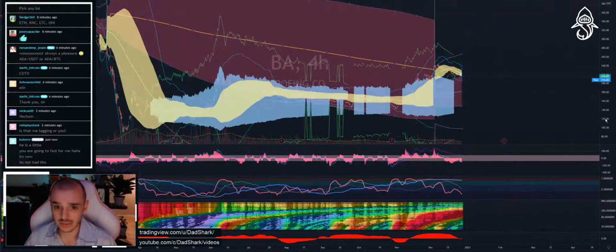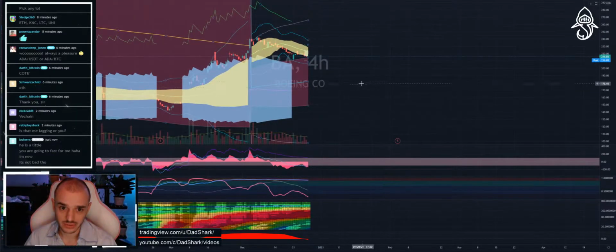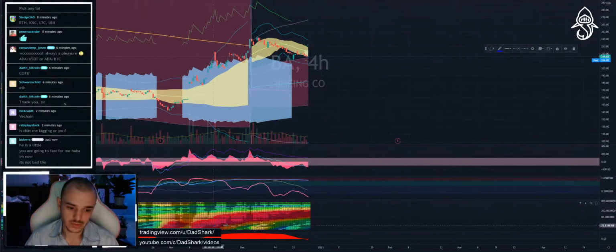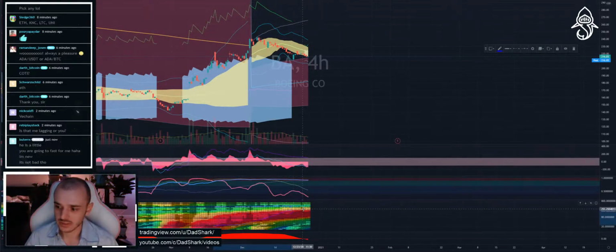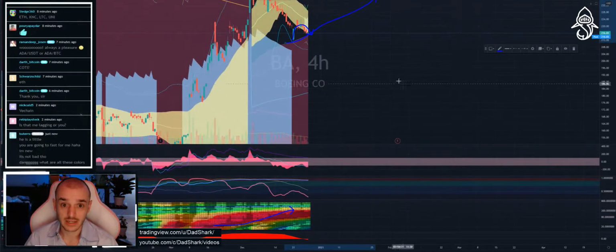So I guess what we can do is look at the micro, and I can give you guidance from there. Because if we actually do zoom on this 4 hour here, we do have a very, very clean mean inversion condition, right? This is a solid red plume. It's very clear. It's defined at the 200 period, so this is the 200, 1.25 standard deviation. All right. We are currently bouncing off that pivot. You can actually buy right now.